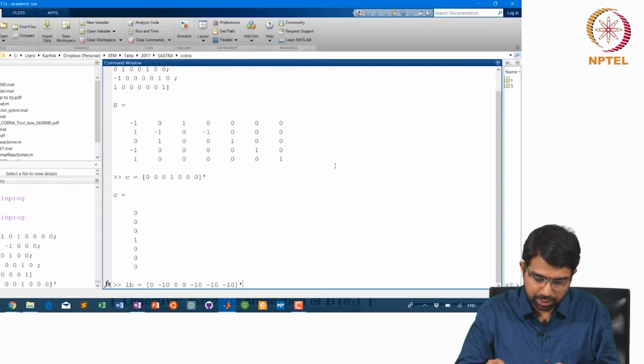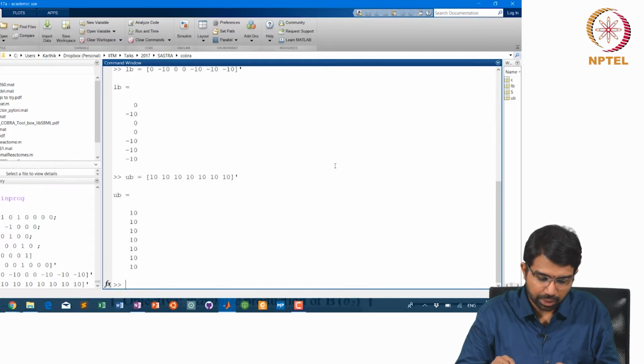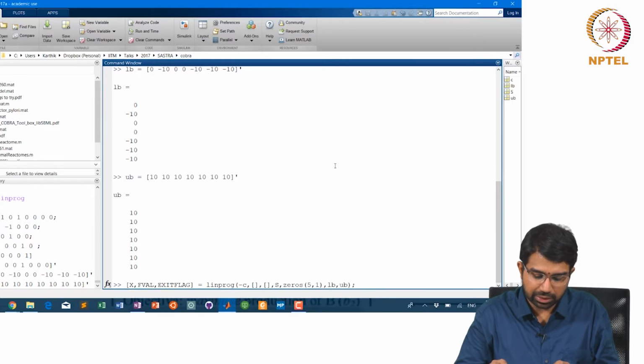LB equals this, UB equals this. Now I can say x, fval, exit flag equals linprog of minus C, S, zeros of 5 comma 1, five zeros for five metabolites, LB, UB.